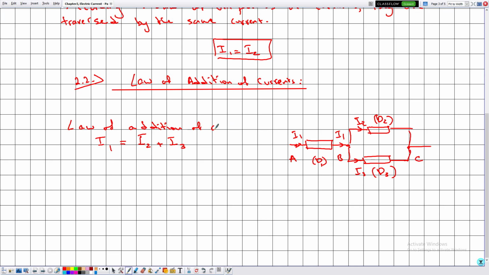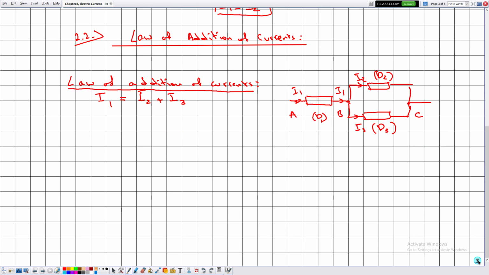We can apply this law also in more complicated situations like the following. So let's consider the general case.